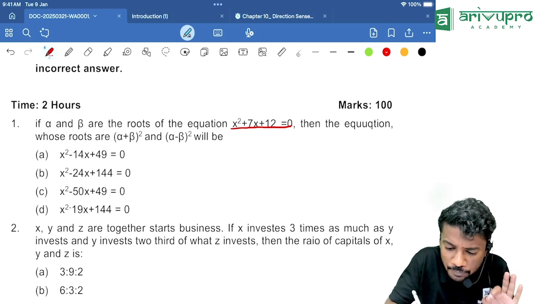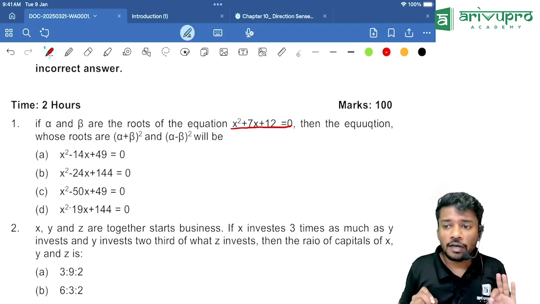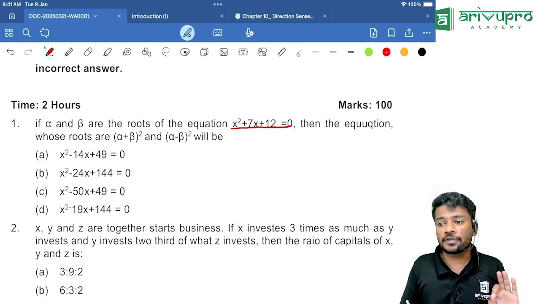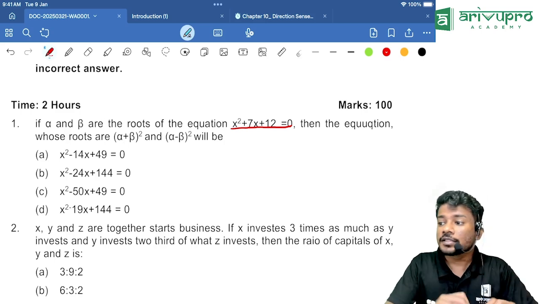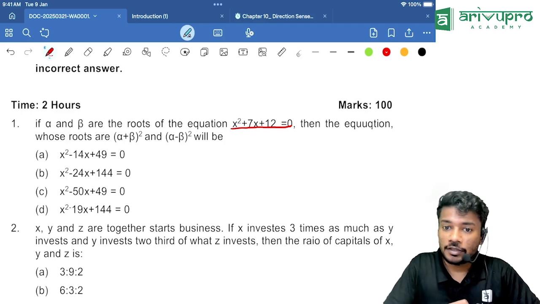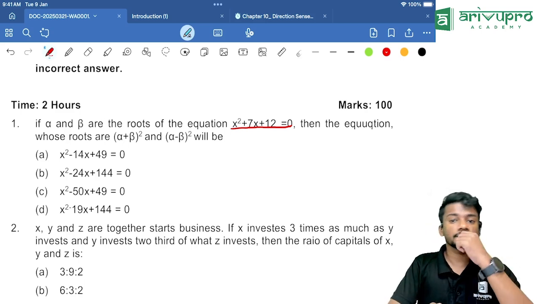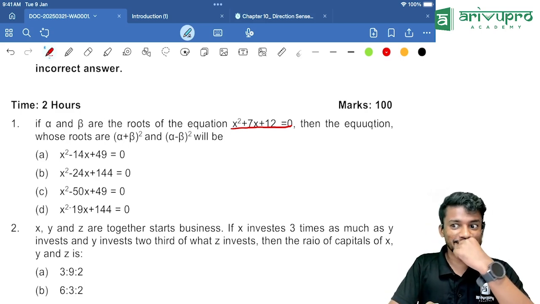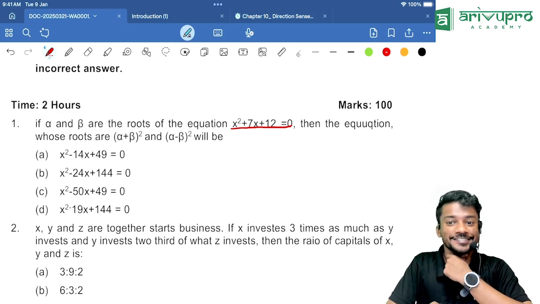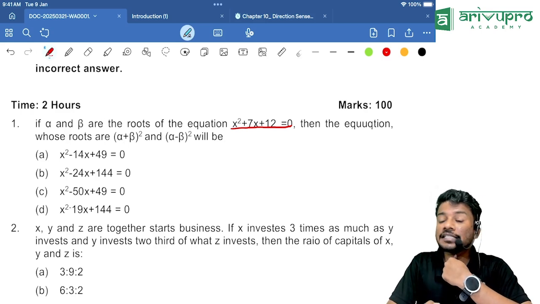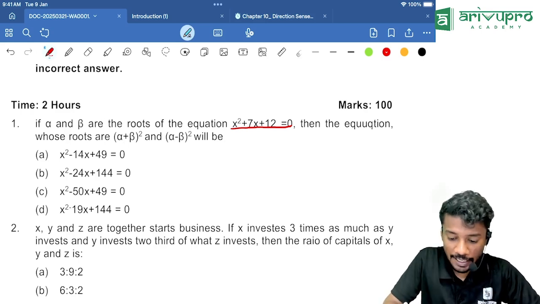So, my question. The product here is 12 and the sum here is how much? 3 and 4. Sum is 7 or minus 7? Minus 7 is the sum.